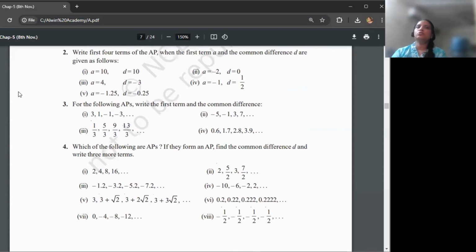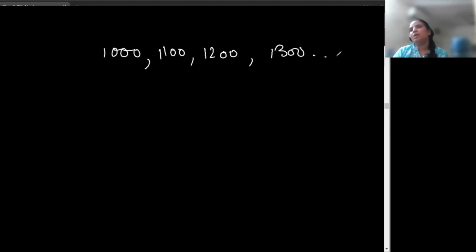क्वेश्चन 2 सॉल्व करें। अभी क्वेश्चन 2 बताने से पहले एक बार जरा एपी की टर्म से इंट्रोड्यूस हो जाते हैं थोड़ा सा। अभी तक एपी क्या है पता चला। अभी मैं अगर एक एपी बना रही हूँ 1000, 1100, 1200, 1300, so on. So first term को you will call as A और A1.